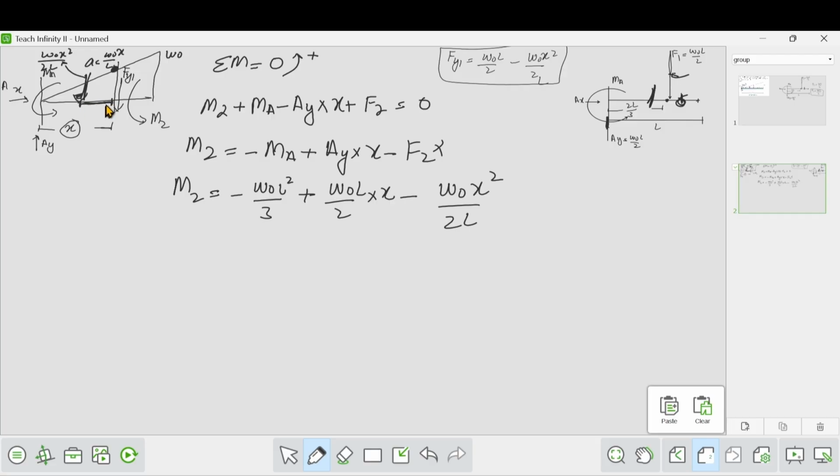What will be this length? If this is X, then it is X divided by 3. So multiply by X divided by 3.